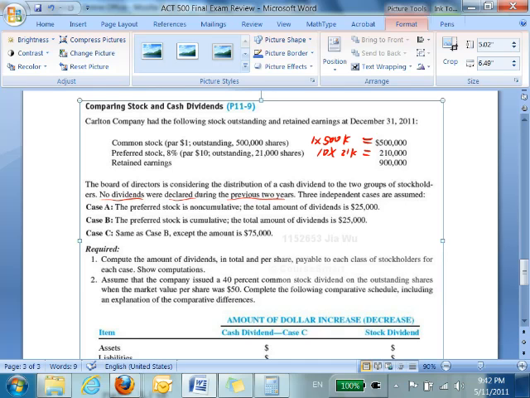The total amount of dividends is 25,000. Case B, the preferred stock is cumulative. The total amount of dividends is 25,000. And case C, same as case B, except the amount is 75,000. Required. 1. Compute the amount of dividends in total and per share payable to each class of stockholders for each case. Show computations.